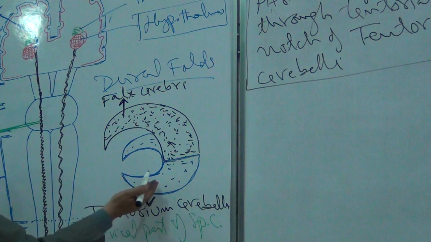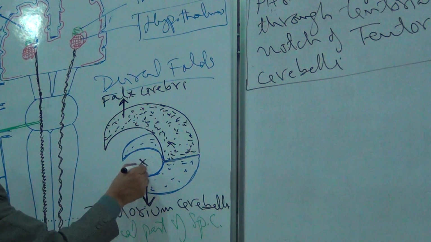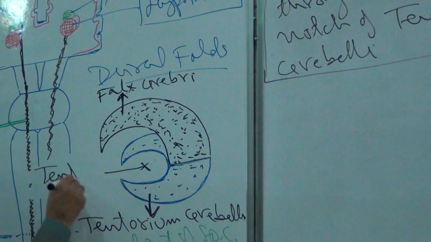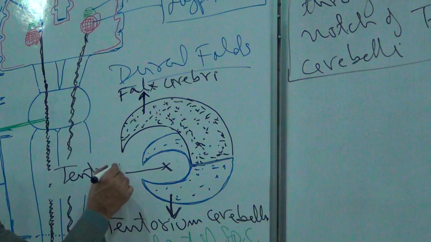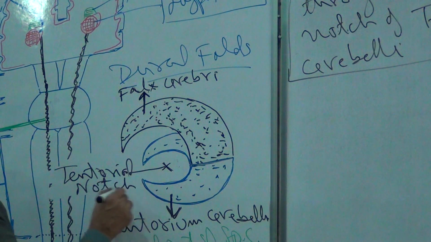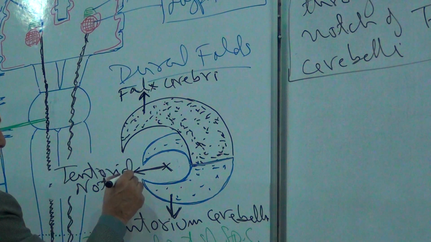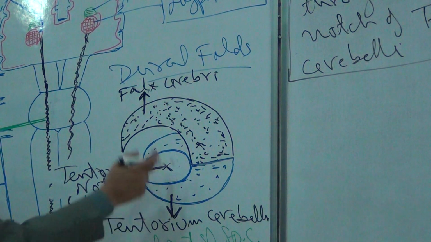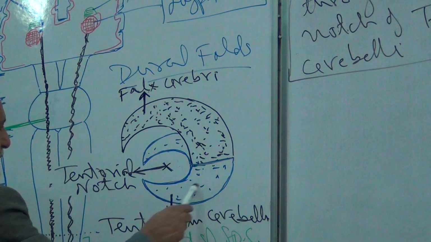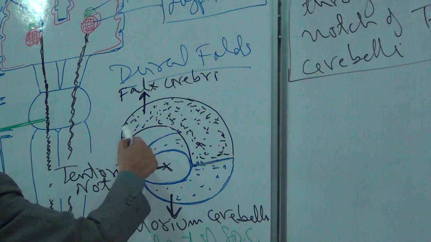This is one wing of the tentorium cerebelli and this is the opposite wing, and in the center there is a gap called the tentorial notch. From the middle of the upper surface of the tentorium cerebelli rises the falx cerebri.